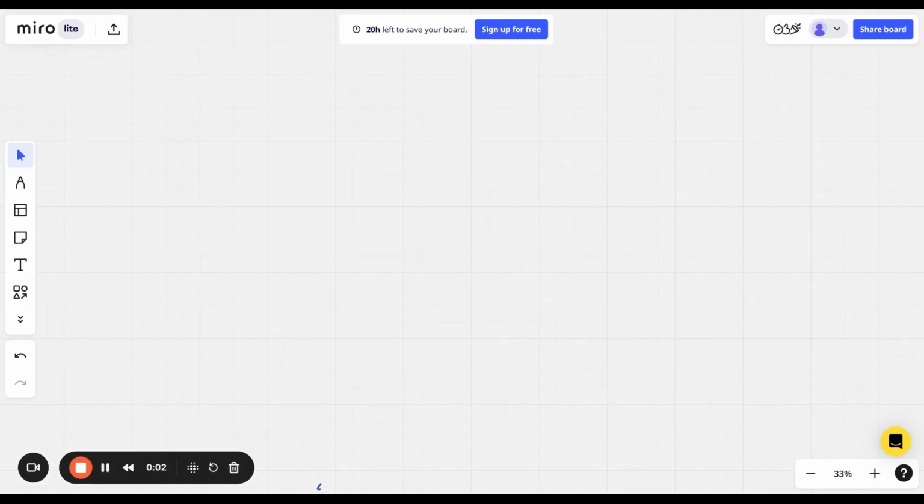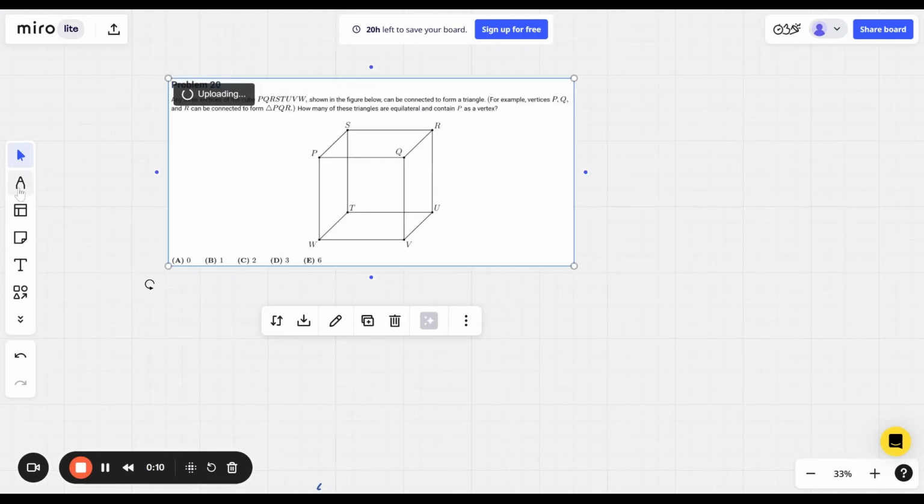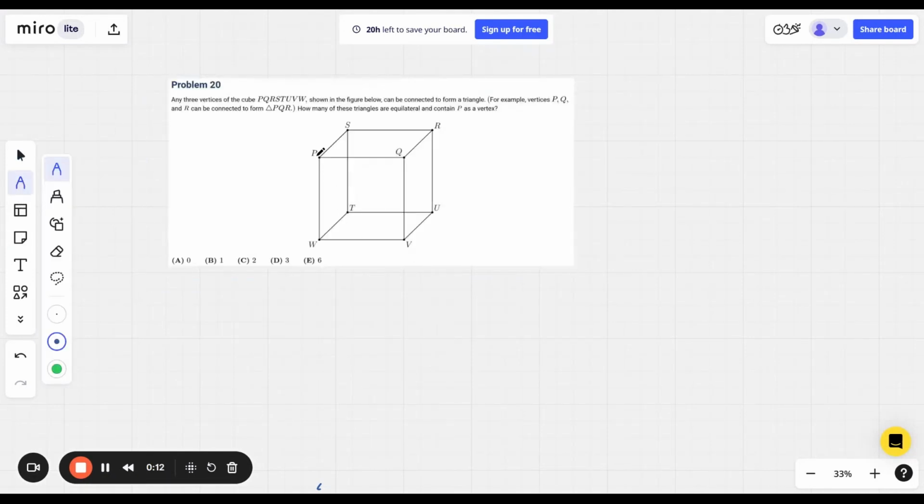And also problem 20. This is the last one for this video. Just copy and paste it. So this is just a standard find the equilateral triangles within the cube. First you can see that this length, this length, and this length, we can call this 1, this square root of 2, and this square root of 3.